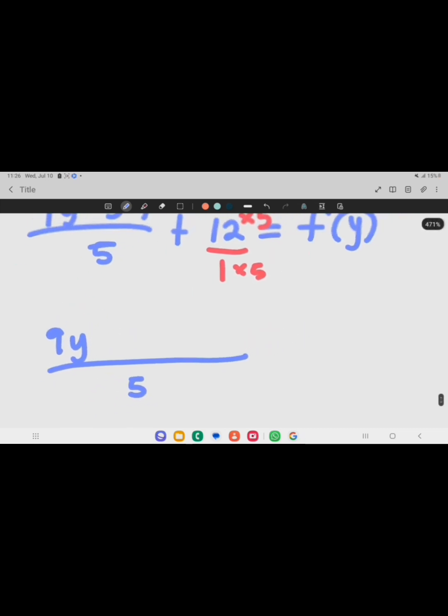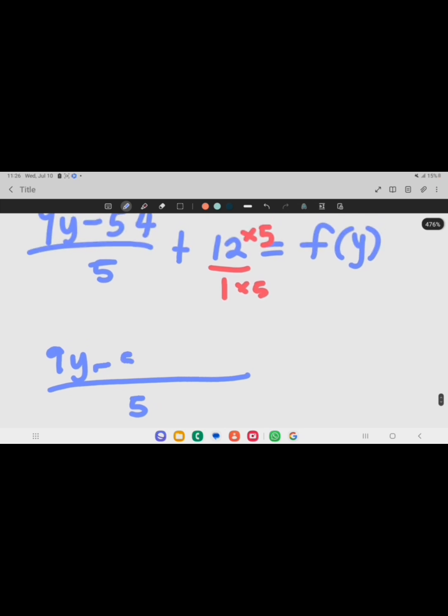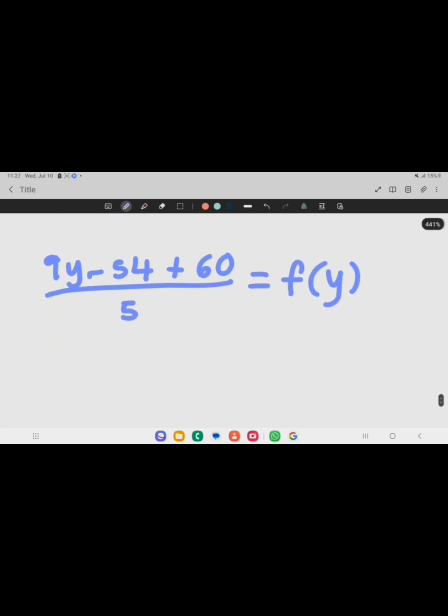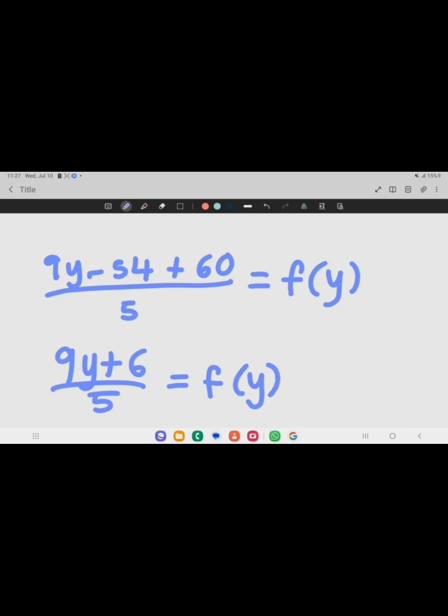And the rest is easy. This 12 times 5, you will get, is equal to fy. So now you have made it into a single fraction.